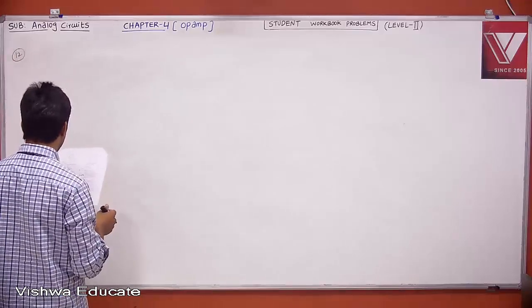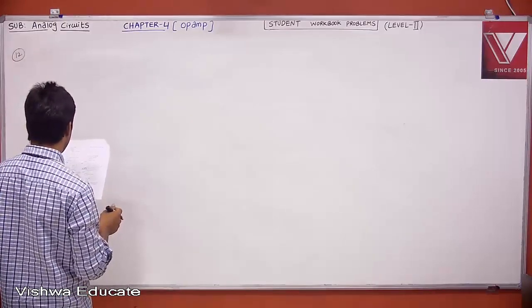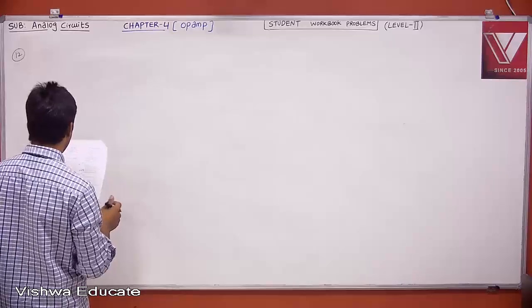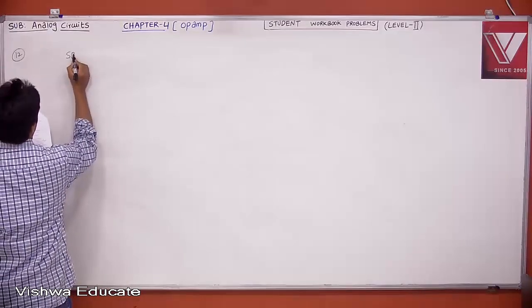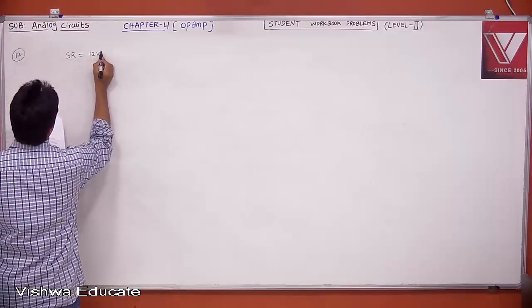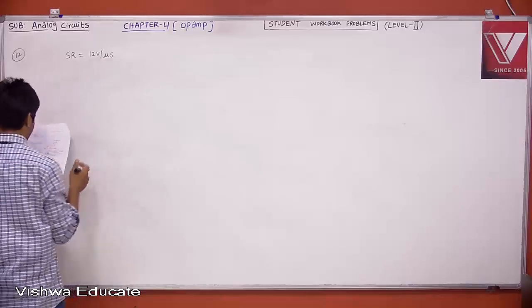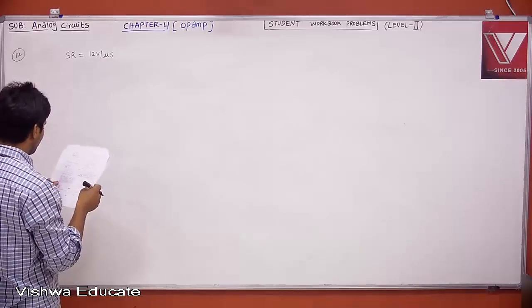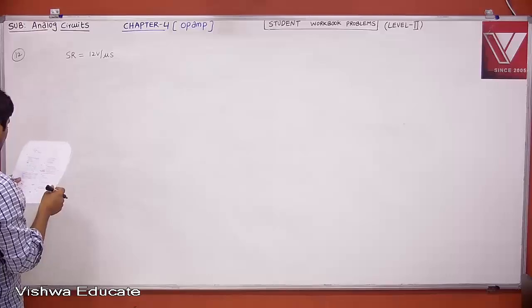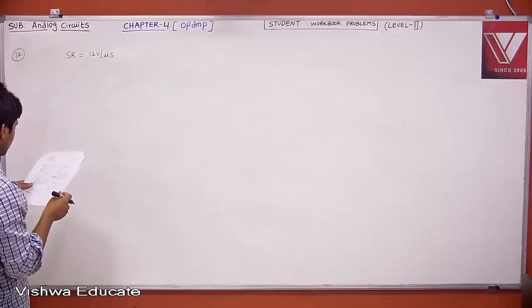If maximum output available from the op amp is plus or minus 12 volt peak to peak and slew rate of op amp is 12 volt per microsecond, then what is the maximum frequency of the input signal that can be applied without causing a reduction in the peak to peak output voltage? Okay.